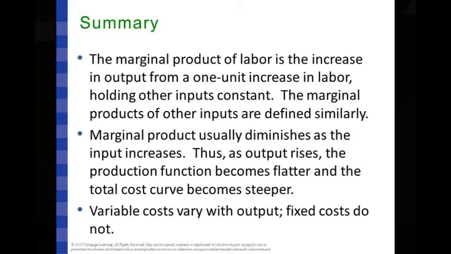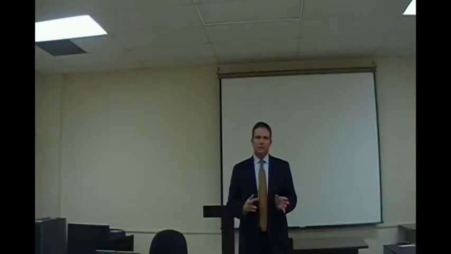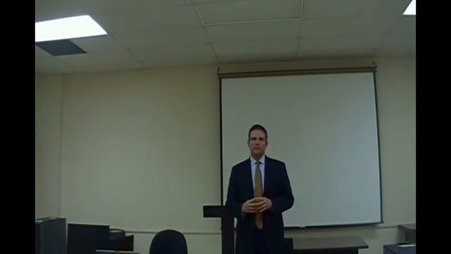A firm's total cost can be divided between fixed costs and variable costs. Fixed costs are costs that do not change as the firm alters the quantity of output produced. Variable costs are costs that change when the firm alters the quantity of output produced. So the more they produce, the more it changes.